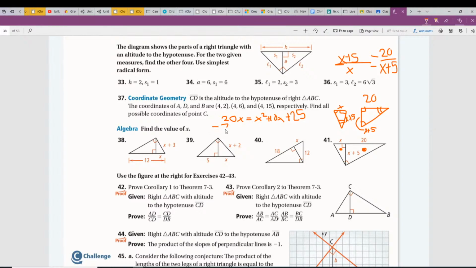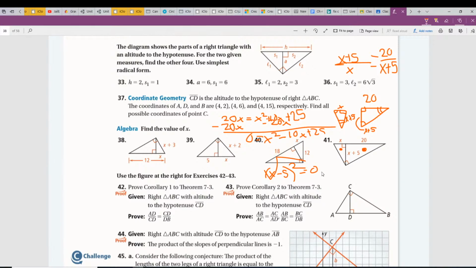Then we subtract 20x from each side, and we get x squared minus 10x plus 25. And this is a very factorable equation. We can factor this into x minus 5 squared. Okay, so x minus 5 squared, remember we have a 0 here, is equal to 0.